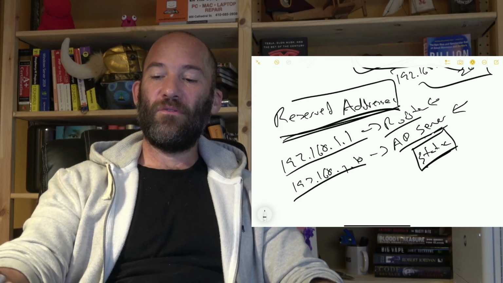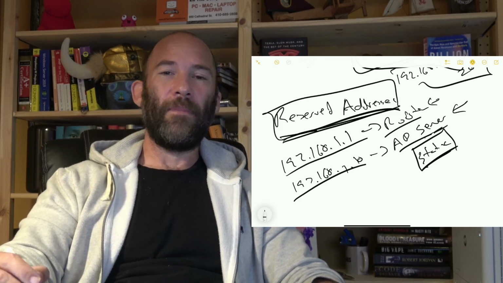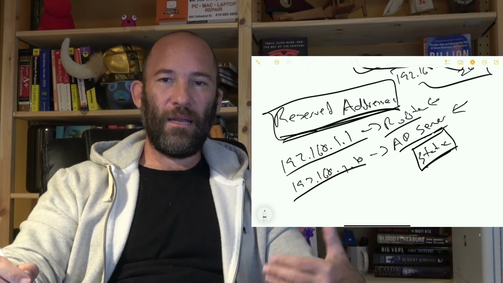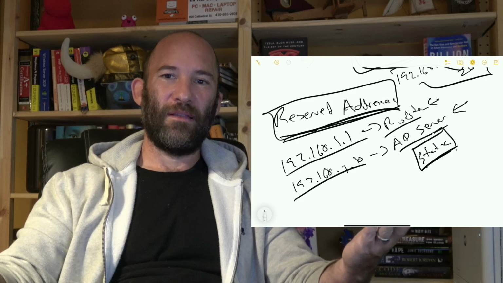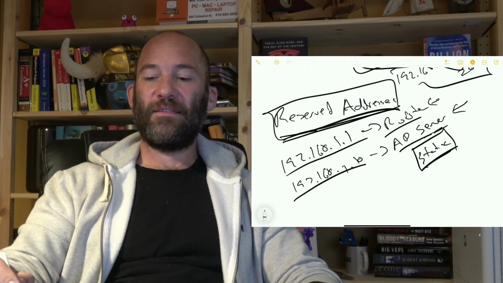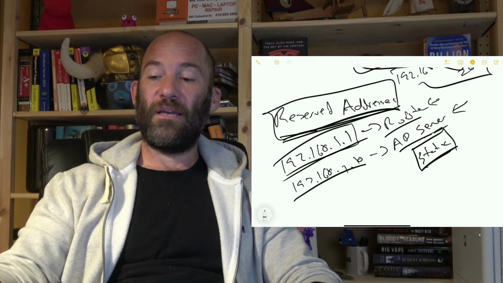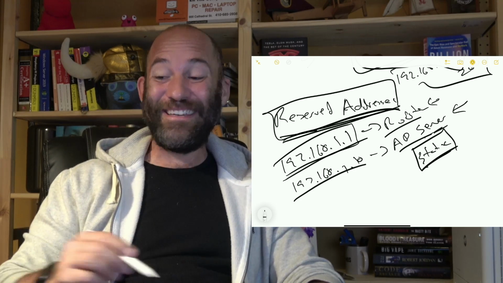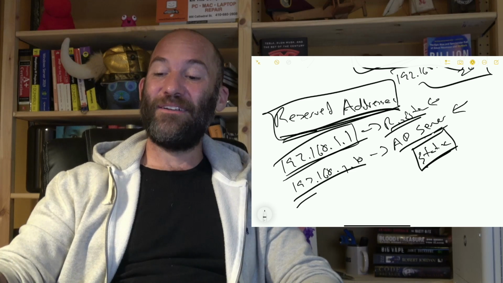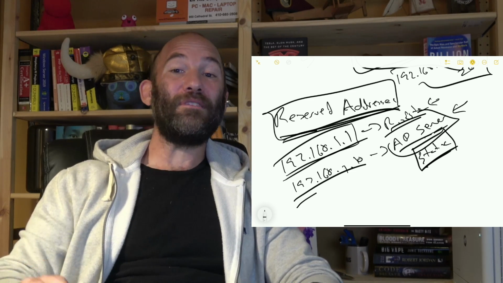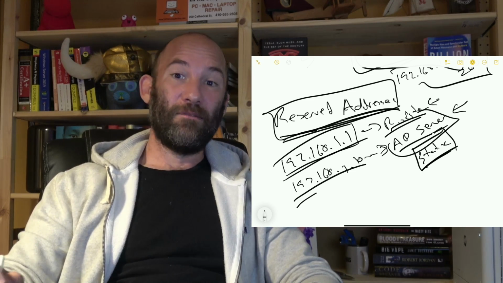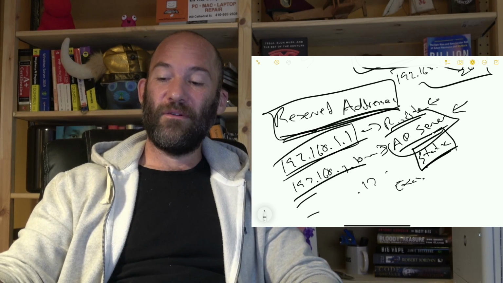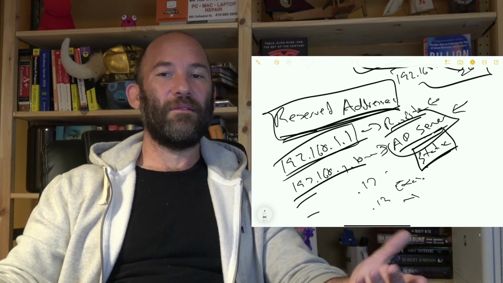What the reserved address system is used for is so when a new administrator sits down and looks at your DHCP infrastructure, they can say, oh, okay, so 192.168.1.1 is supposed to be the router. Now let me go and see if the router is actually there. Okay, 192.168.1.10, that's supposed to be the Active Directory server. Let's make sure it's actually there. And you go through, .12 is your Exchange server, .13 is something else, so on and so forth.